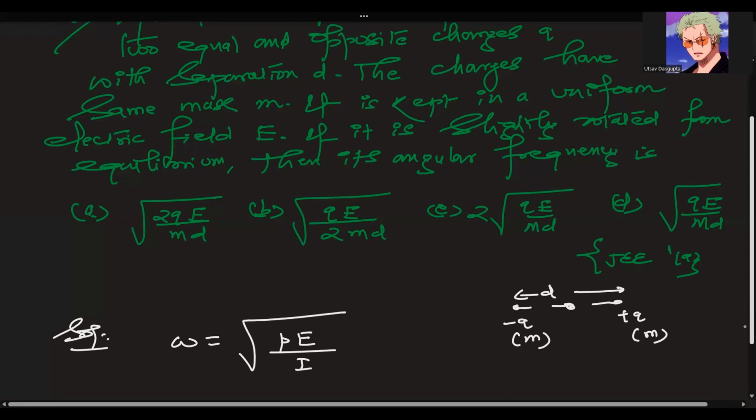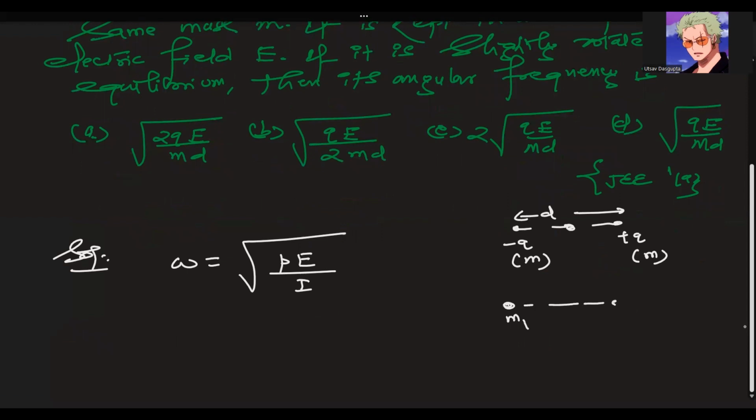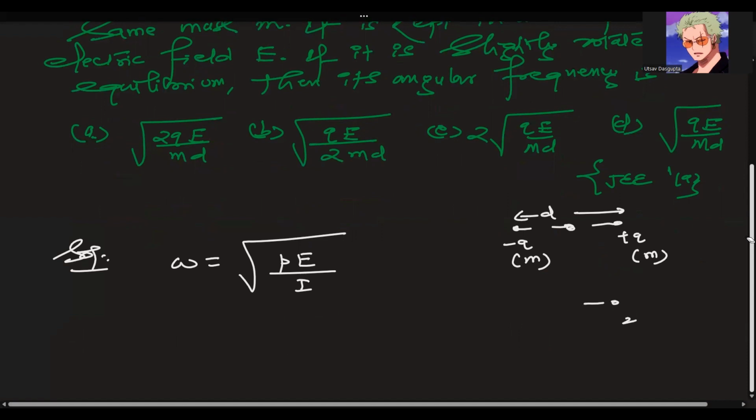Now we know that for a diatomic molecule, when M1 and M2 are there and the axis is passing through the center or center of mass, both of them are moving. So what will be the moment of inertia? Moment of inertia will be equal to m d by 2 square plus m d by 2 square, meaning md square by 4 plus md square by 4, which gives md square by 2.